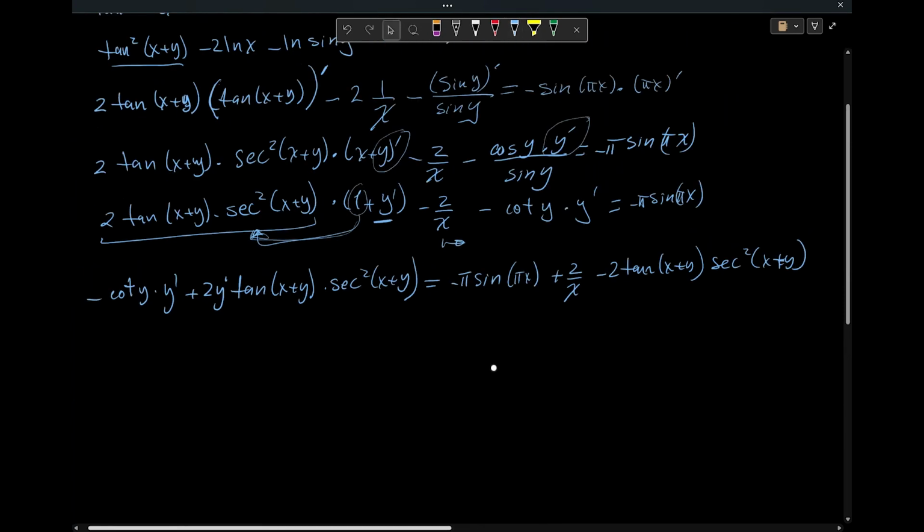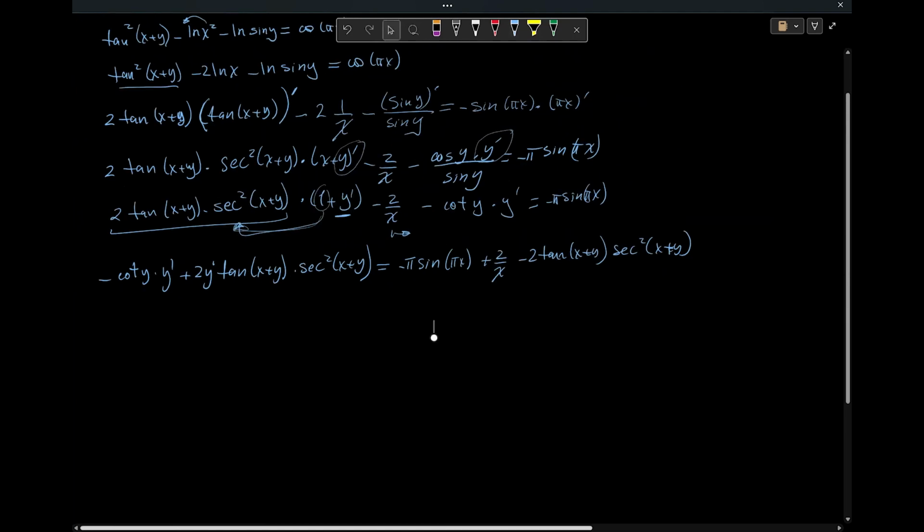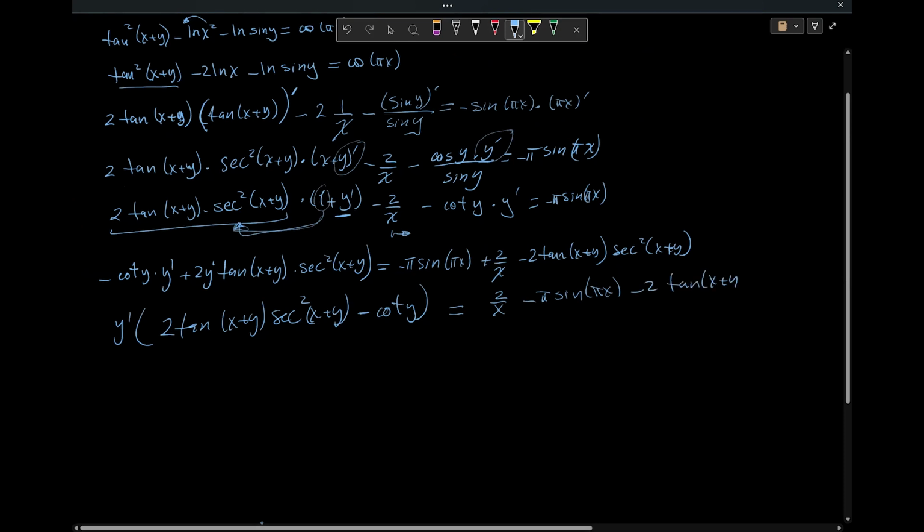All right, so now we can factor out a y prime on one side. We'll have a 2 tangent of (x plus y) secant squared of (x plus y) minus cotangent y. That's this side right here. Equals, on this side, I have a 2 over x minus pi sine pi x minus 2 tangent of (x plus y) secant squared of (x plus y).